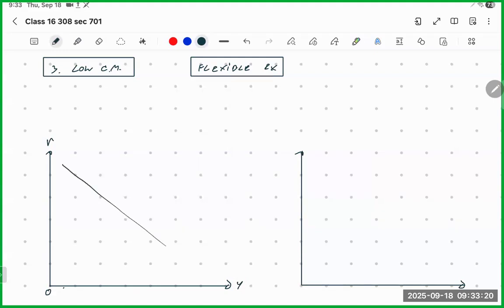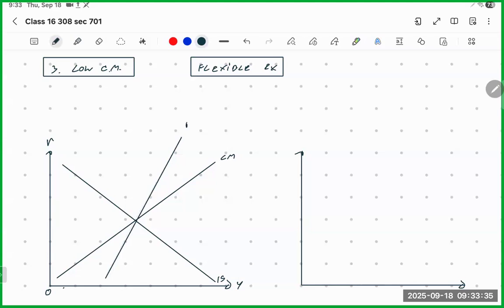Then I have IS, and I have LM. For the low capital mobility country, the BP curve is very steep, like this. We have the equilibrium point E1, with GDP Y1 and the real interest rate R1. This is the starting point.